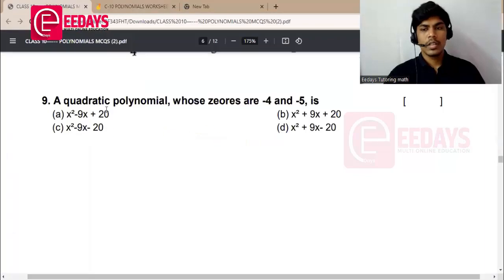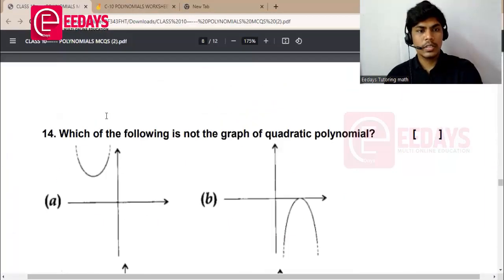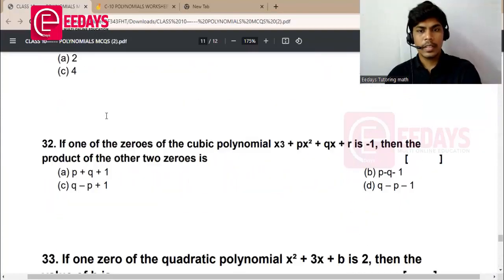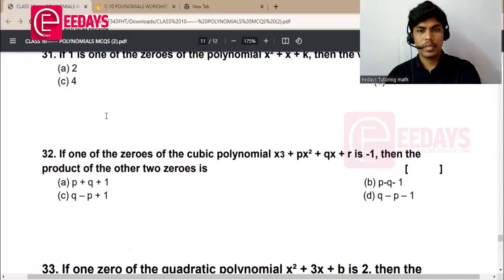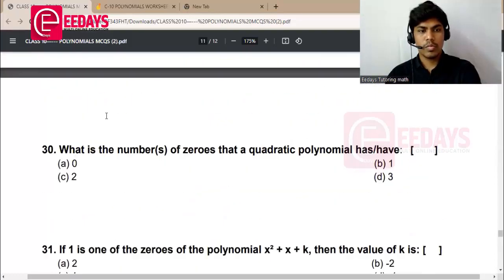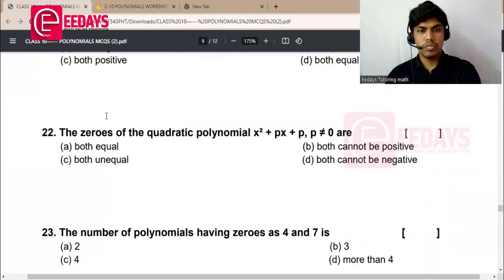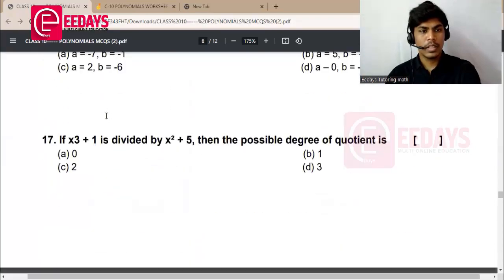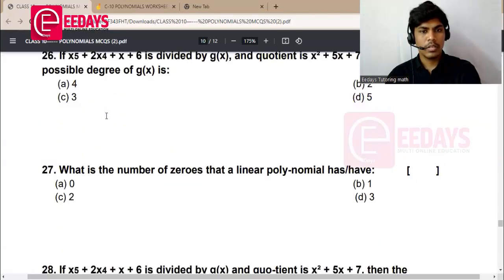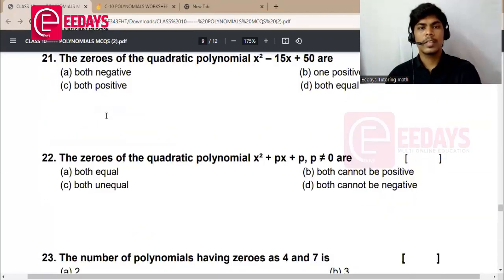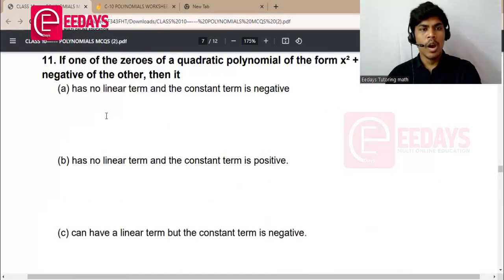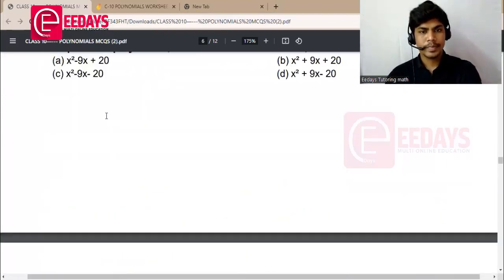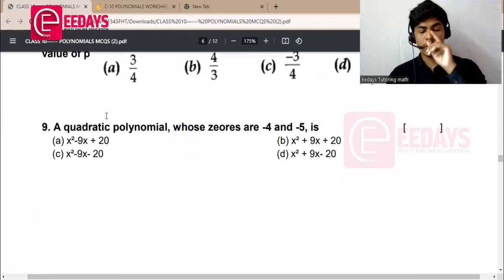Yeah, we have a lot of questions. I think everyone can see the worksheet, right? 33 questions are there. So we can't do it in one session. Ninth one, right? Minus 4 and minus 5.